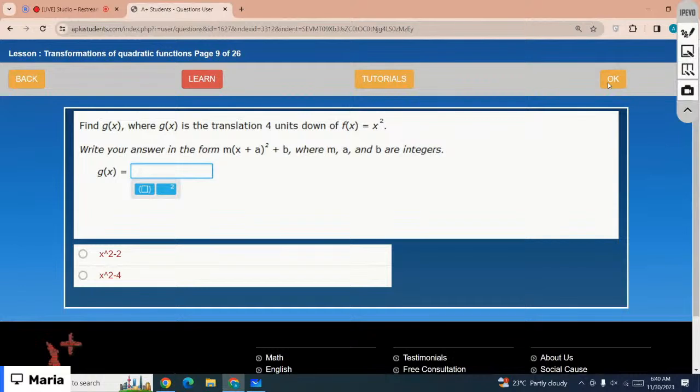The correct option is x square minus 4. Option number 2 is the correct option.